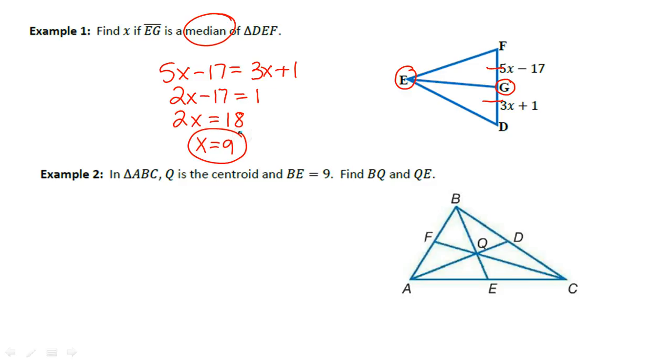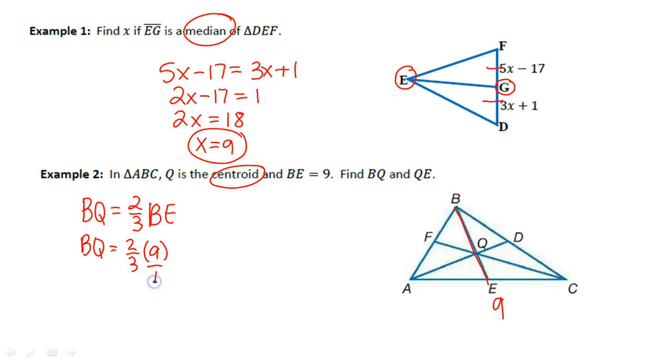Example 2. In triangle ABC, Q is the centroid. BE is equal to 9. Find BQ and QE. Well, BQ is going to equal 2/3 of the whole, which is BE. We know that BE is 9, so that means BQ would equal 2/3 of 9.